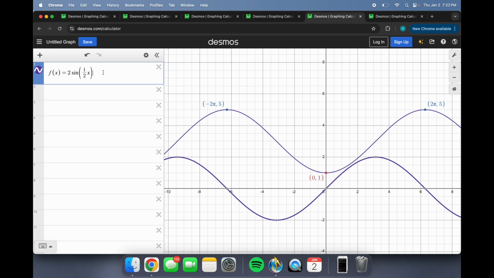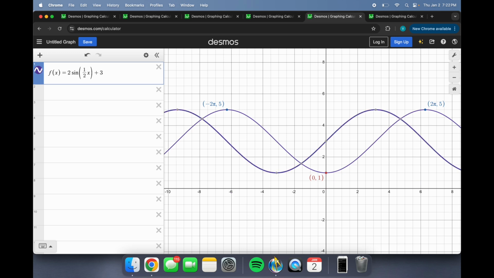All right, and now, I just referred to the fact that the midline was 3, so it looks like the whole thing has been shifted up by 3, so let's add 3. And now we're very close. We just need to shift it into place. So we need to shift this point so it lines up with over here, which is halfway between 0 and 2 pi, so that would be pi. So we need to shift our graph to the right pi, and that corresponds to this.